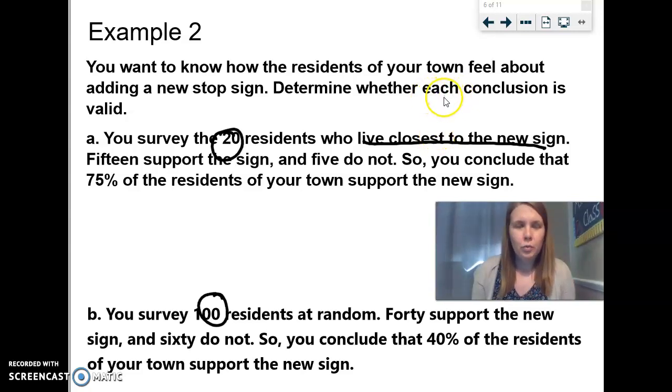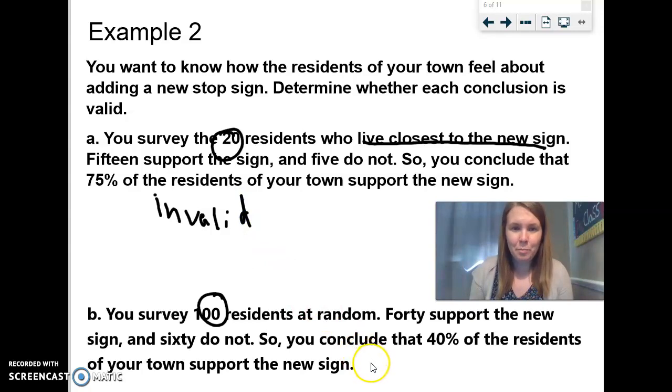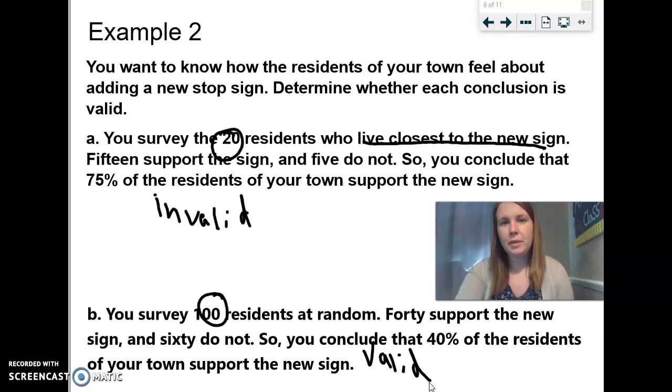So I would say that A is invalid, which means not valid, and B is valid, meaning that this is the option I should have gone with. Ask a whole bunch of random people in my town, maybe I'm on the street and I'm just catching people. A is invalid because we don't have a large enough sample size and we're only asking the people who live right by the sign.